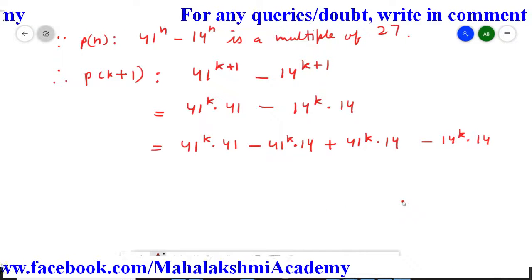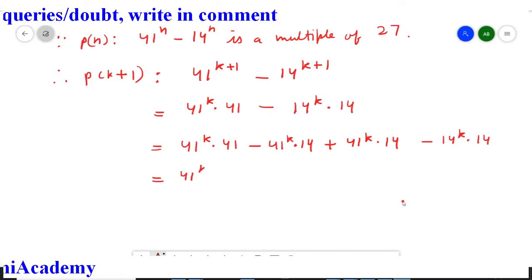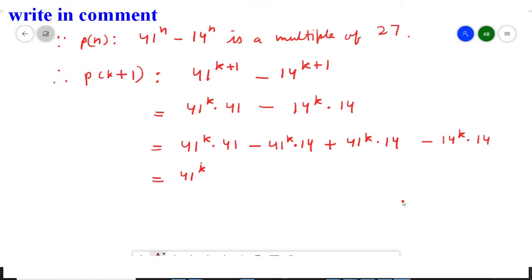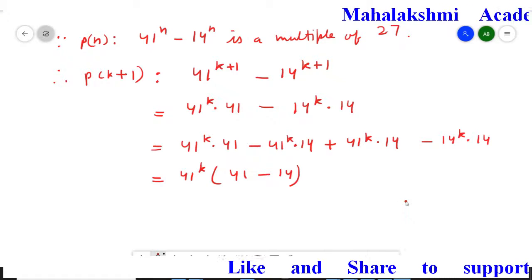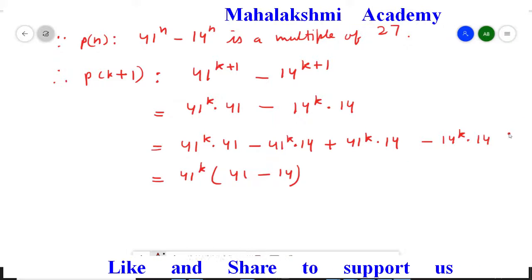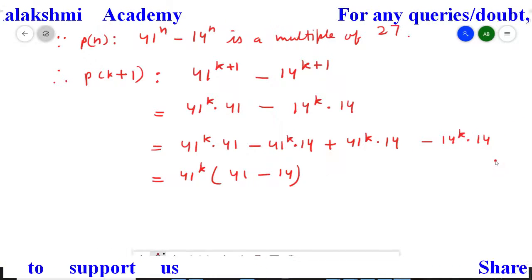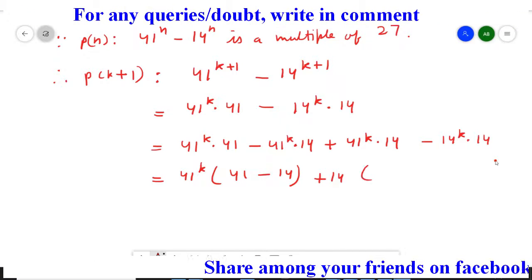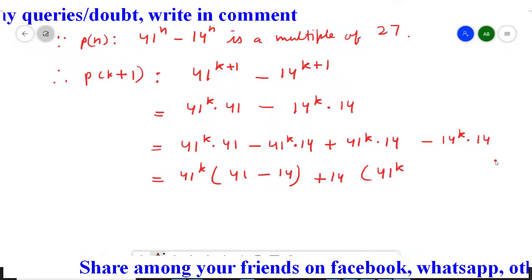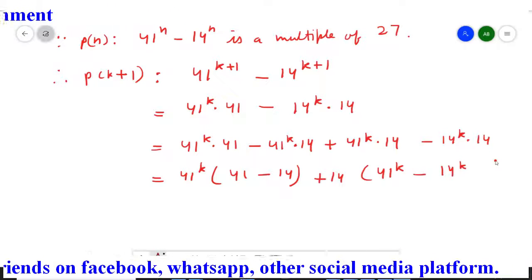We remain with 41 minus 40, and from these two, what is common here? 14. So we take 14 common, plus 14 common. So we are left with 41 raised to power k minus 14 raised to power k.